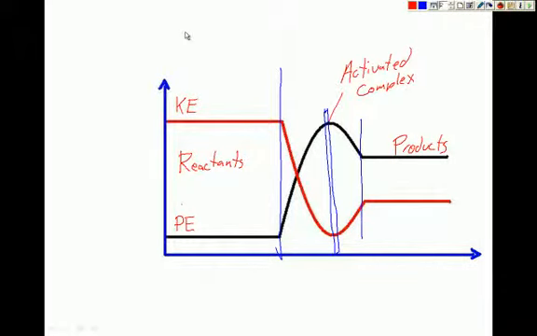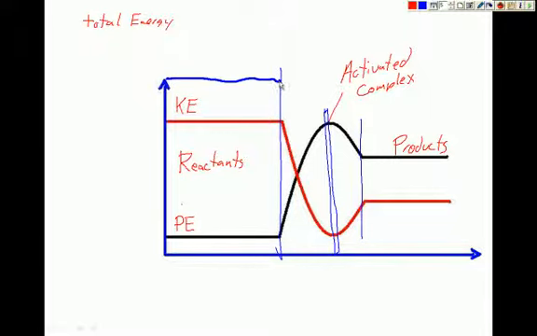Now, as we know from some of our conservation laws, energy cannot be created nor destroyed. If you were to put on this graph total energy, which is the kinetic energy plus the potential energy, and we add this red line plus this black line, we'll see that the total energy for reactants is right about here.